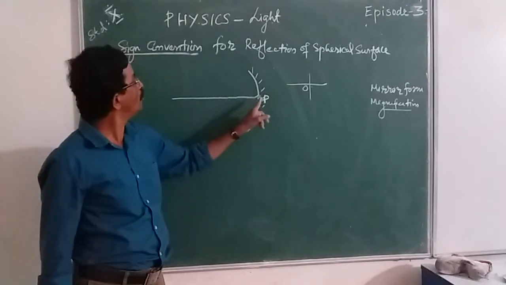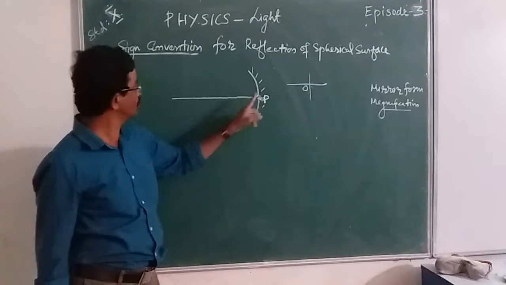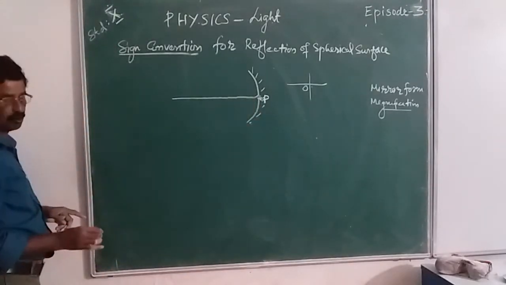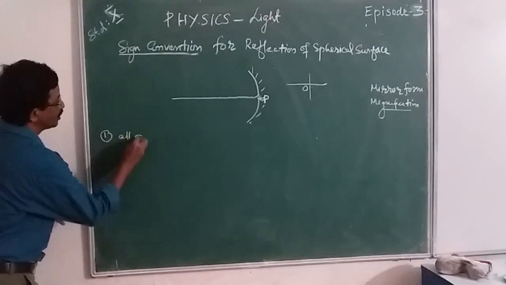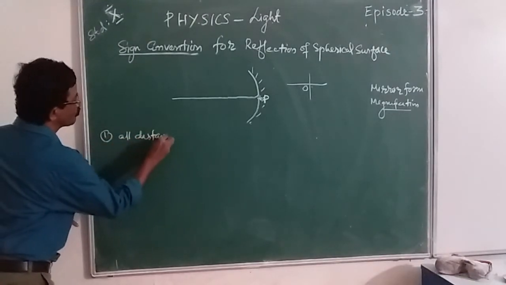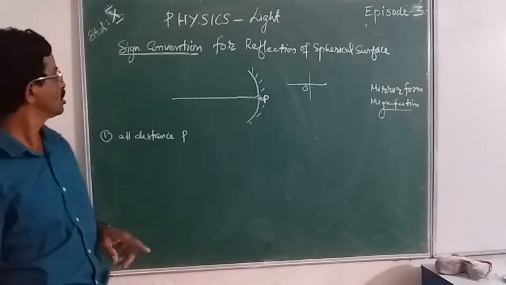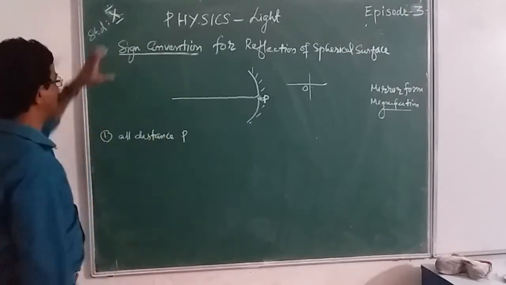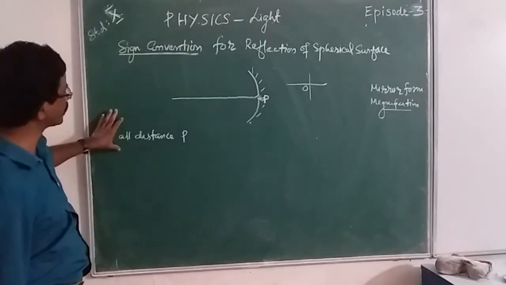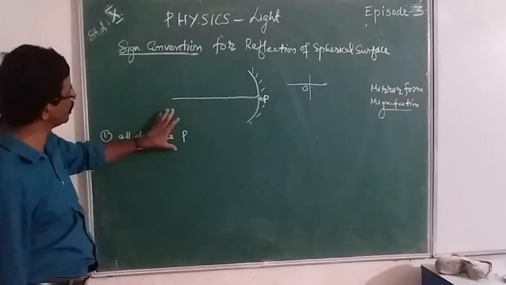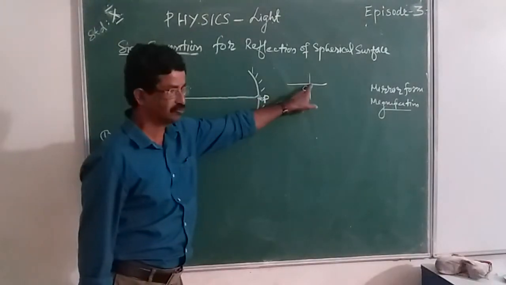Similarly, all distances we measure from the pole. The first point is that all distances are taken from the pole, just like the origin.